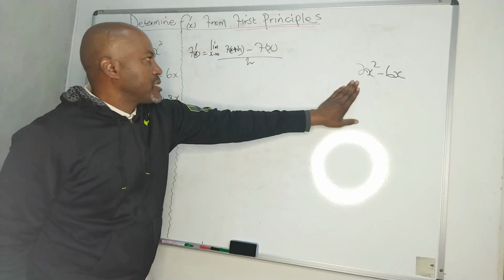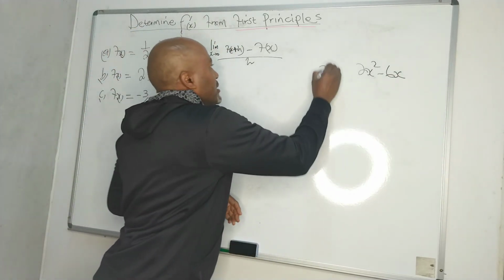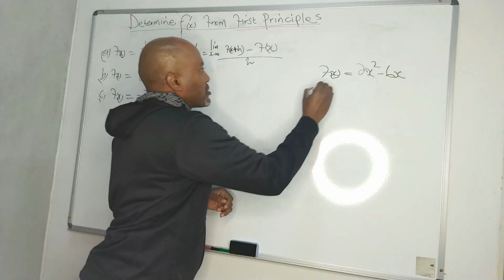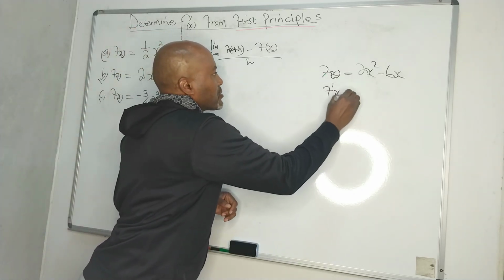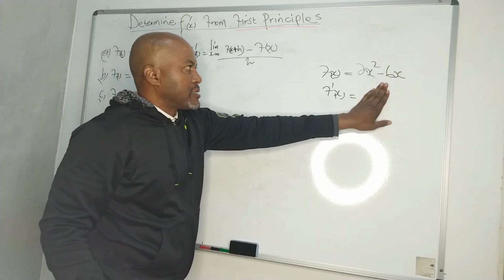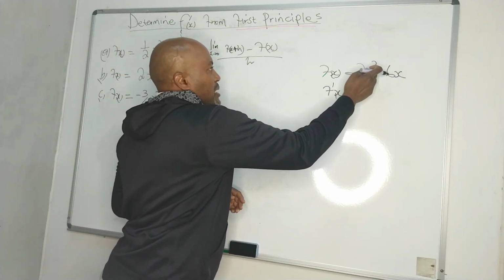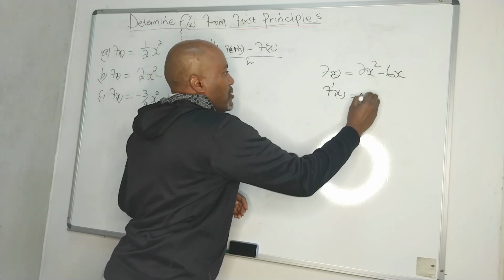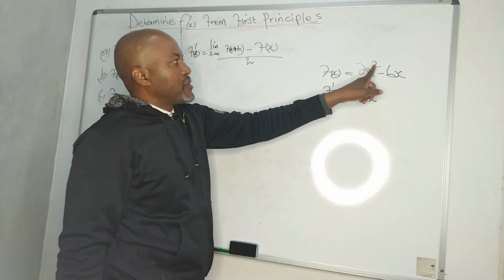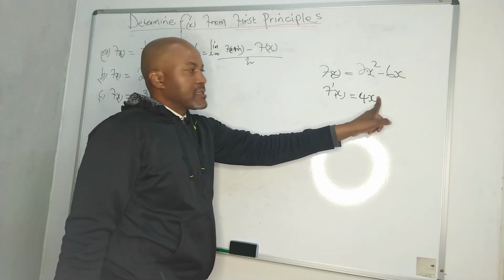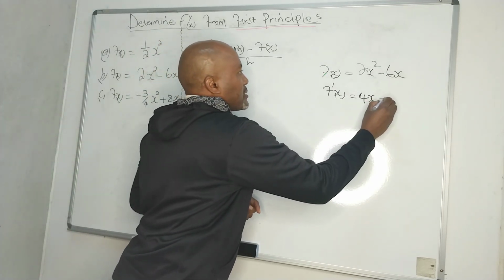Then f prime of x equals, finding the derivative here, you multiply this 2 by 2, you get 4x. Because if you subtract 1 here, you are going to remain with x minus 6.